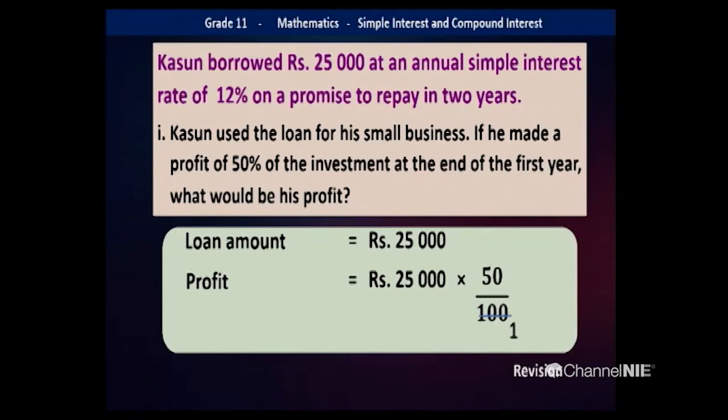When you divide 25,000 by 100, your answer is 250. 250 into 50 is rupees 12,500. Therefore, in the first year Kasun received rupees 12,500 as the interest, as the profit from his business.